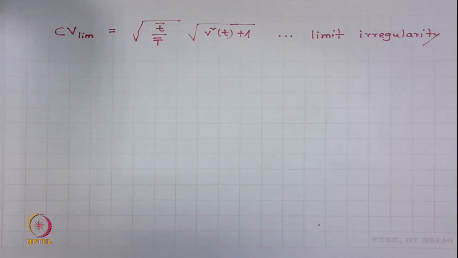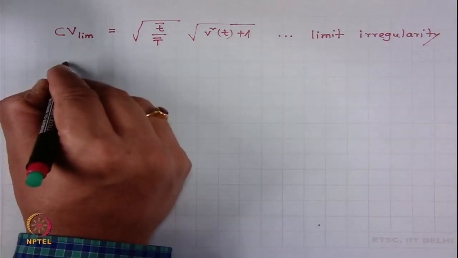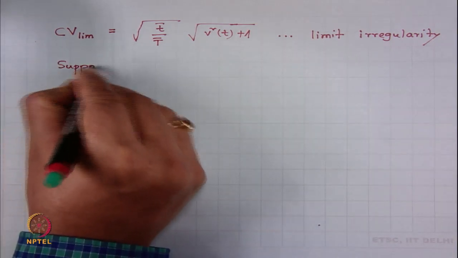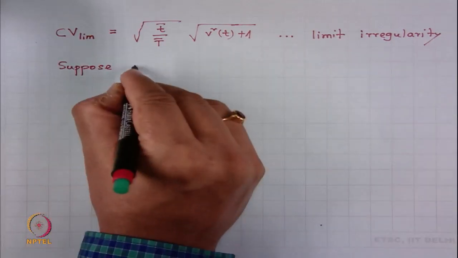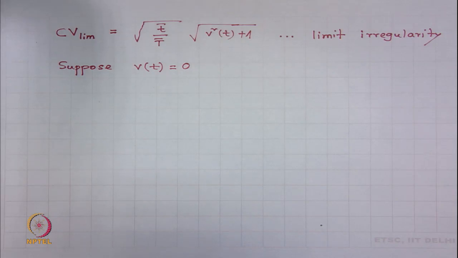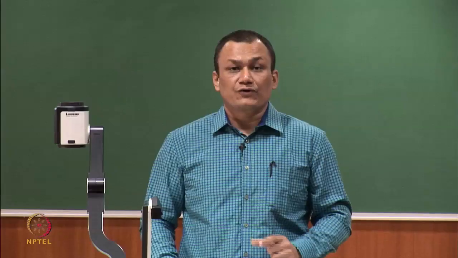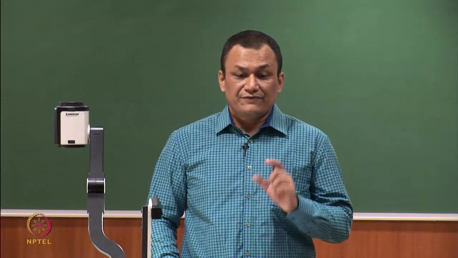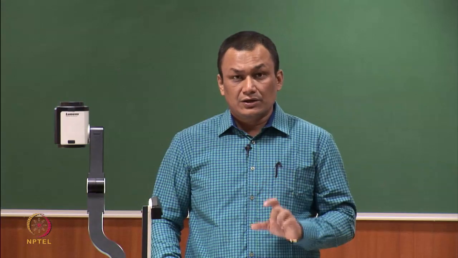Right. Suppose V t is equal to 0. What does that mean? Fibers are uniform, their fineness at different positions along a fiber are same. So, there is no irregularity of fiber fineness.